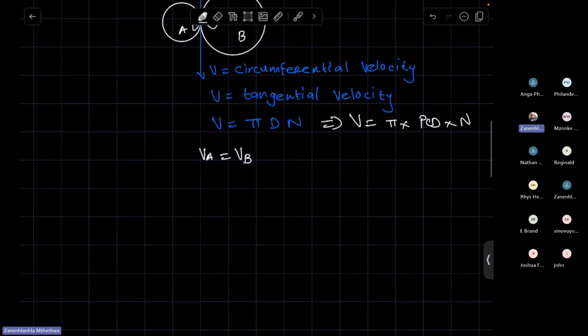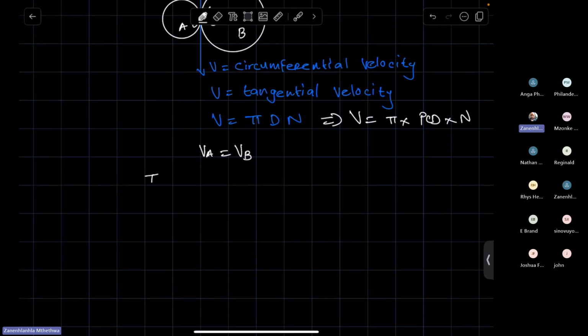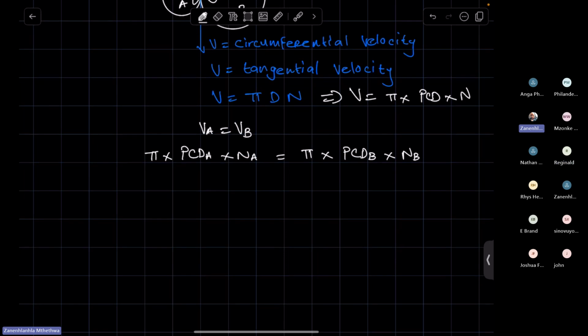So if VA is equal to VB, it means that pi times the PCD of A times the rotational frequency of A is equal to pi times the PCD of B times the rotational frequency of B. Pi being the same on either side is going to cancel, and then we are able to express the PCD in terms of its formula. Remember that PCD is equal to module times number of teeth.